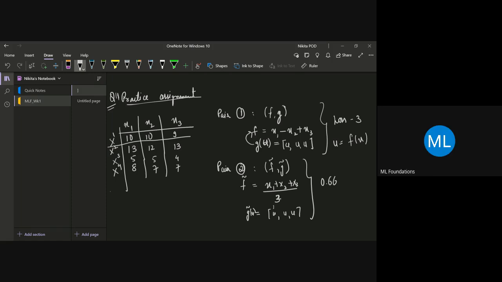In that case, you will define f in such a way that, let's say, you have the data set in three dimensions. I can define f, which takes the input x1, x2, x3, as x1 minus x2, comma x1 minus x3.